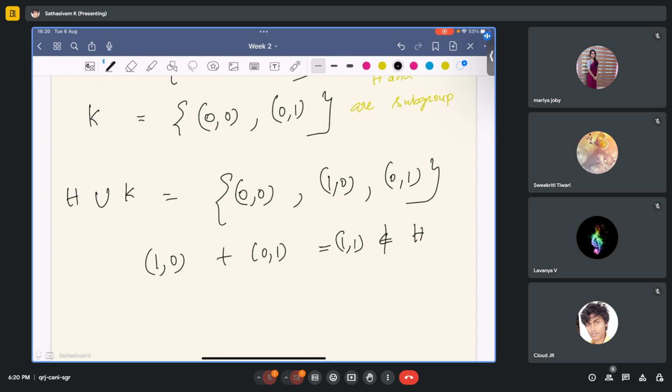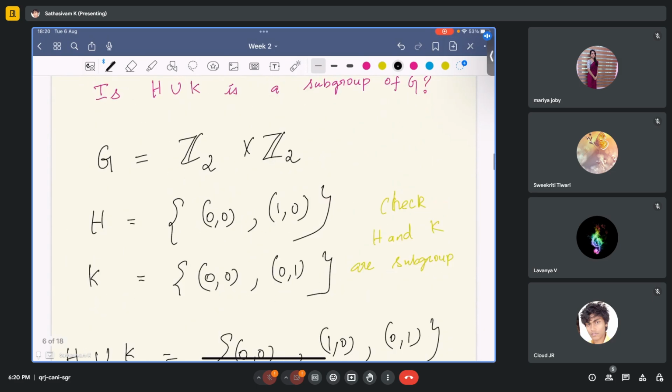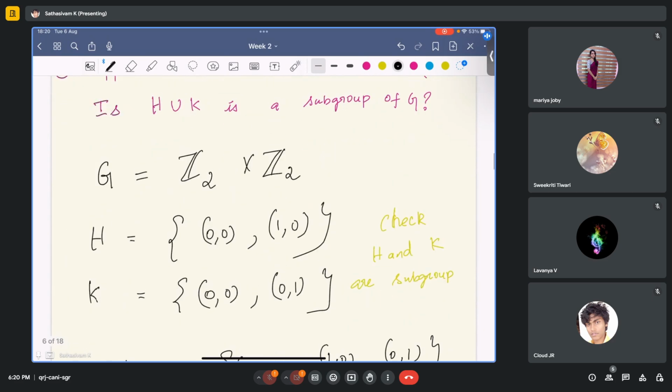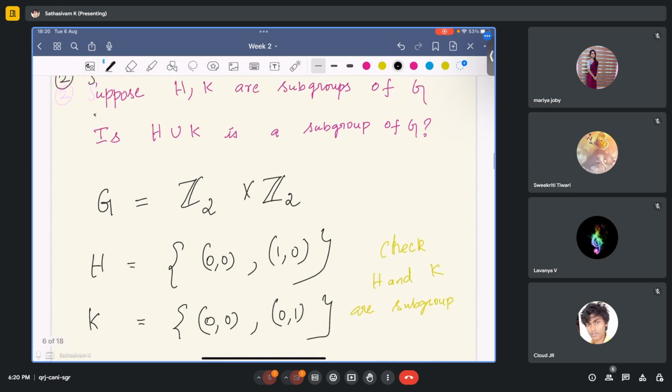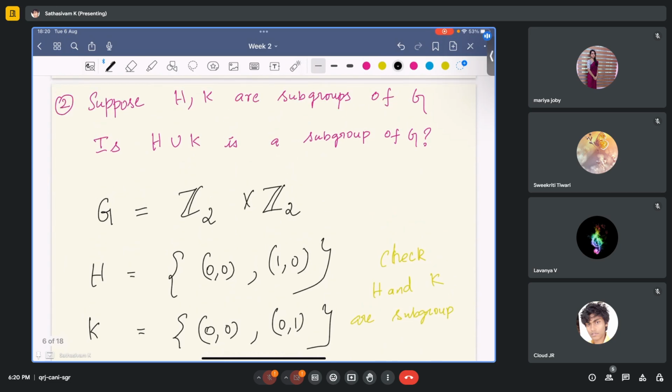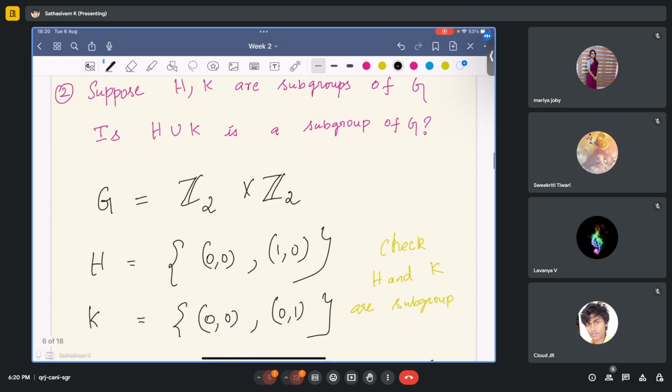But this element is not in H union K. So it's not closed under the binary operation. So that tells you in general, the union of two subgroups need not be a subgroup. One can also give a much more complicated example, but even the easy example says that you cannot in general do it.